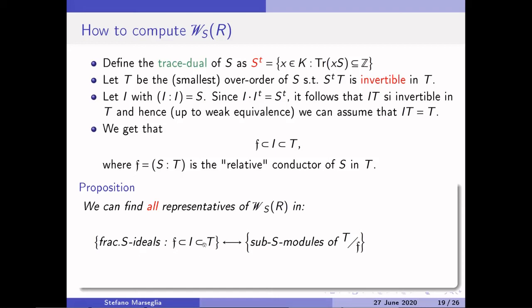Okay, and this set is in bijection with the sub-S-modules of the quotient T over F. And this quotient, since it's a quotient of lattices, is a finite quotient. It's a finite set. And very often it's not too big. So we can just enumerate all the sub-S-modules, and then we mod out by weak equivalence. And by the second of the definitions of weak equivalence, we know that this is a very easy operation, so we can efficiently do it, and we get all representatives of the weak equivalence classes.